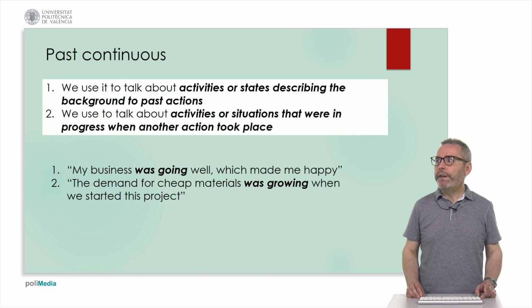An example of the first use would be, my business was going well, which made me happy. And an example of the second use would be, the demand for cheap materials was growing when we started this project. Here we have the differences between the two uses of the past continuous.